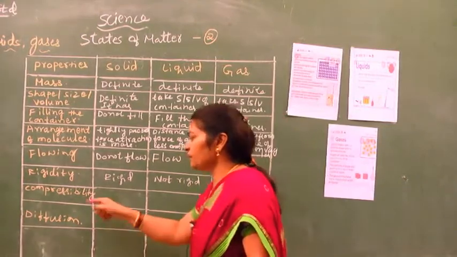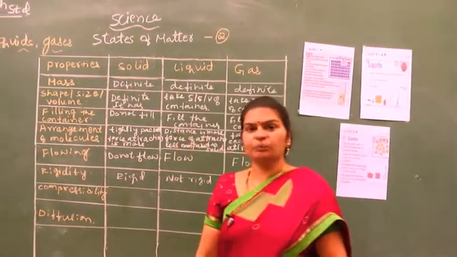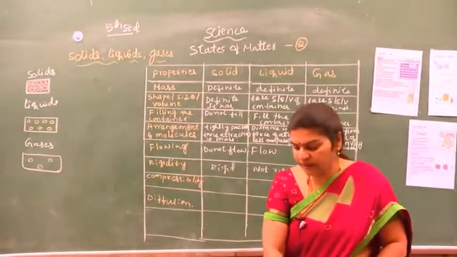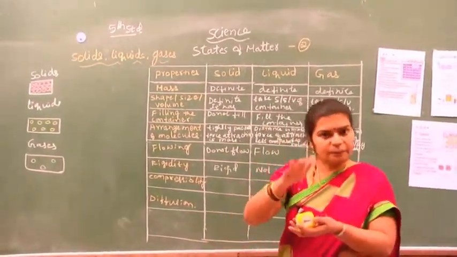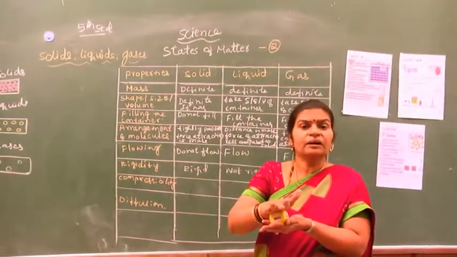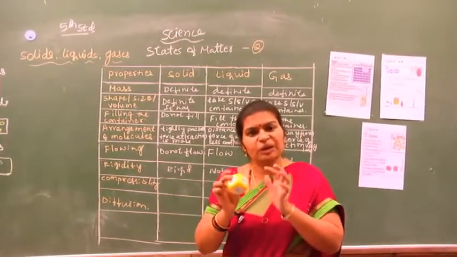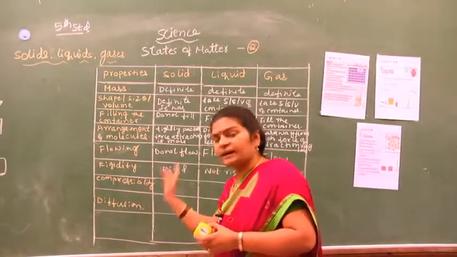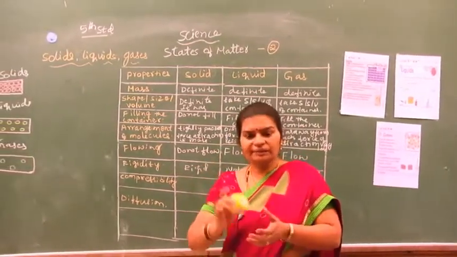Then the next one is compressibility. What is compressibility? When we apply force or pressure on an object, whether it changes its shape or not, that property is called compressibility.